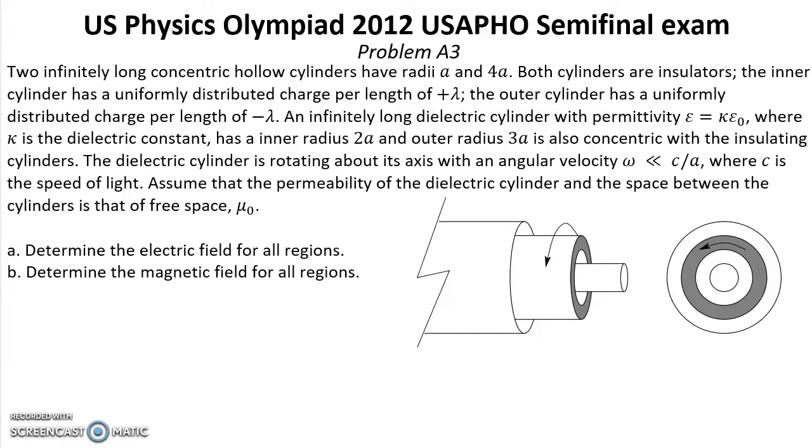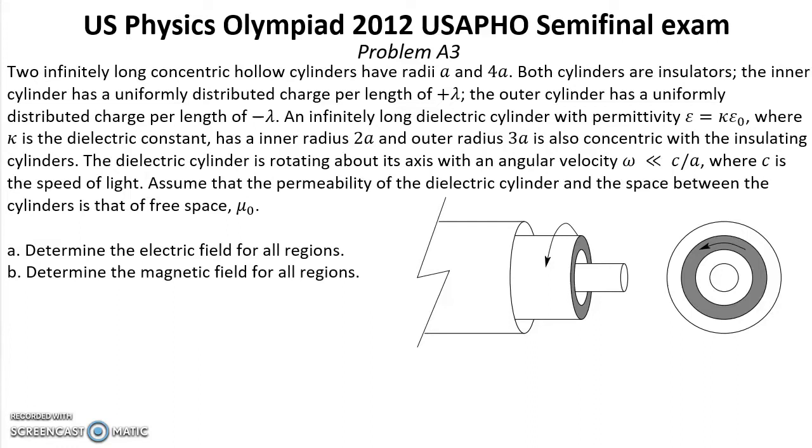Both cylinders are insulators. The inner cylinder has a uniformly distributed charge per length of plus lambda. The outer cylinder has a uniformly distributed charge per length of negative lambda.